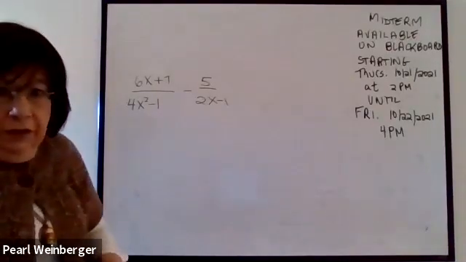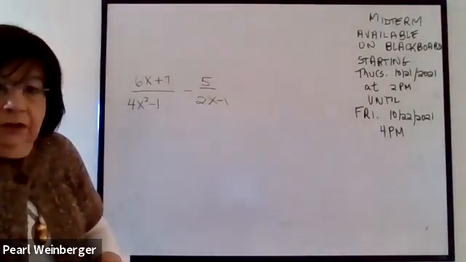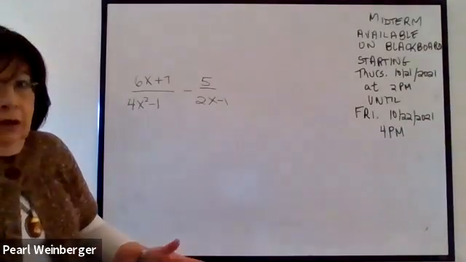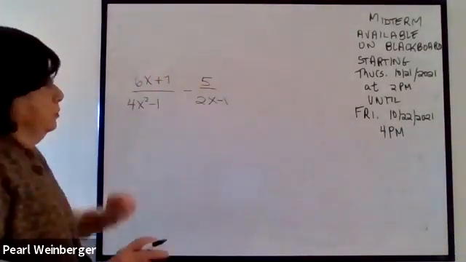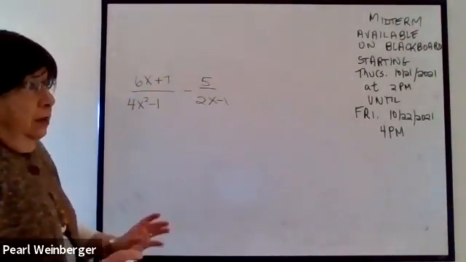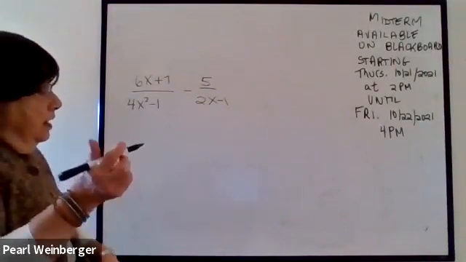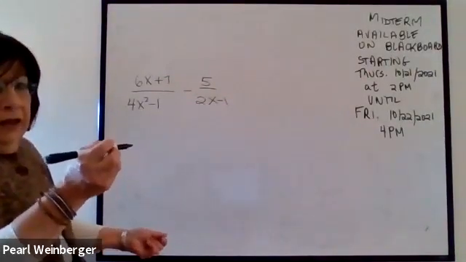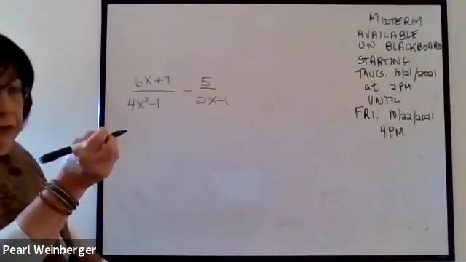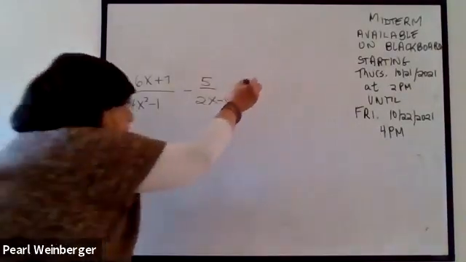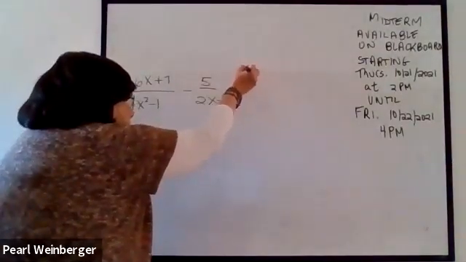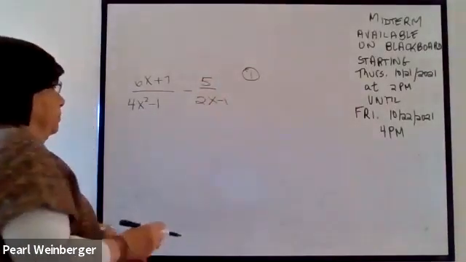Okay, so we're going to look at this problem and see if we can subtract these two fractions. And on the side, as I'm doing it, I'll give you the steps that I'm using so that you can keep track of what we're doing.